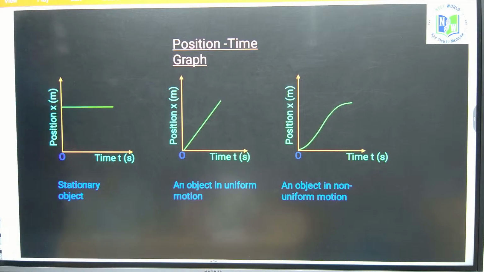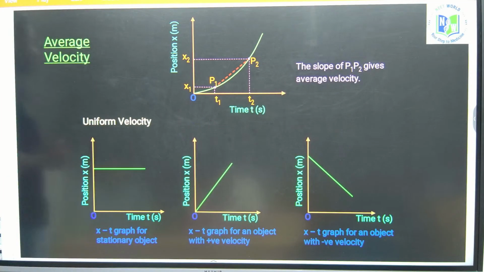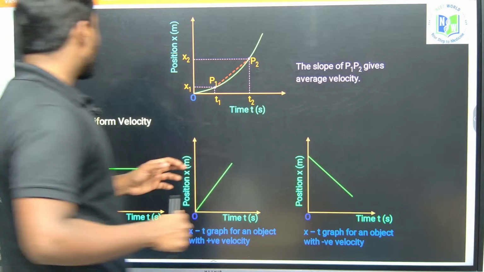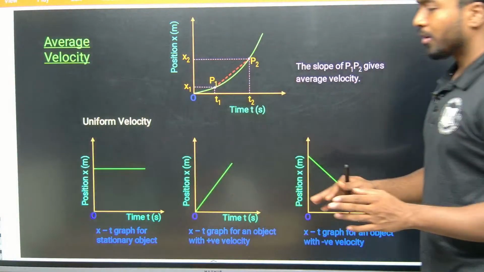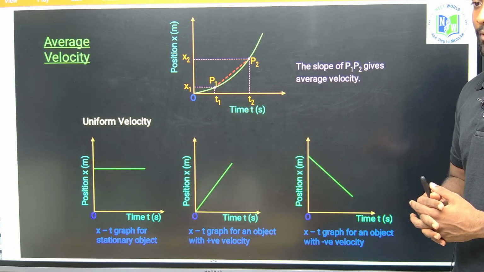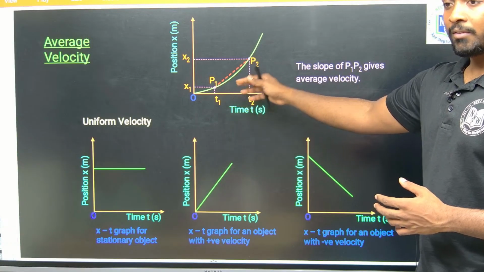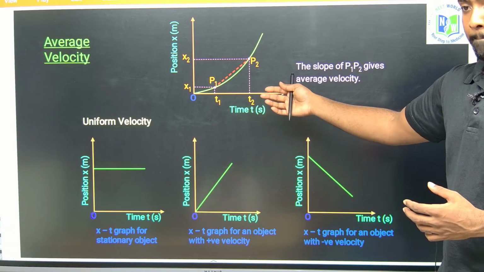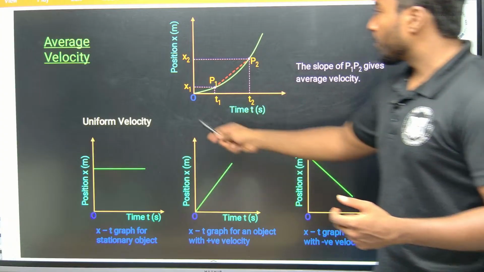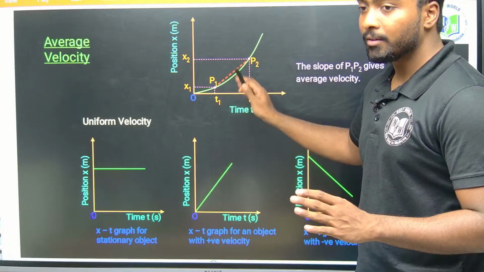Done. The next thing is average velocity. We have seen average velocity. Average velocity is nothing but change in displacement with respect to time, right? Change in position with respect to change in time is average velocity.